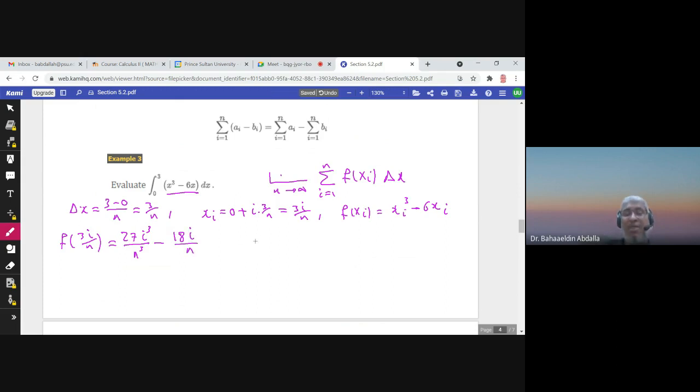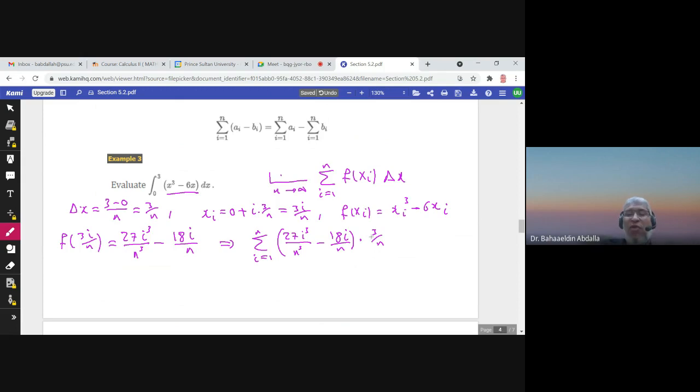So the Riemann sum would be summation from 1 to n of f of xi, which is this one, times delta x, which is 3 over n.